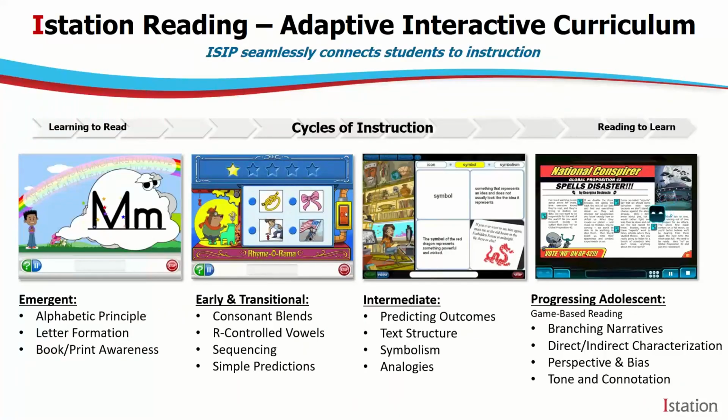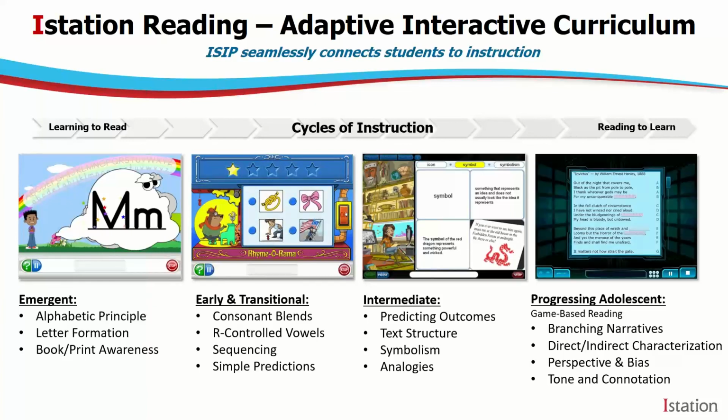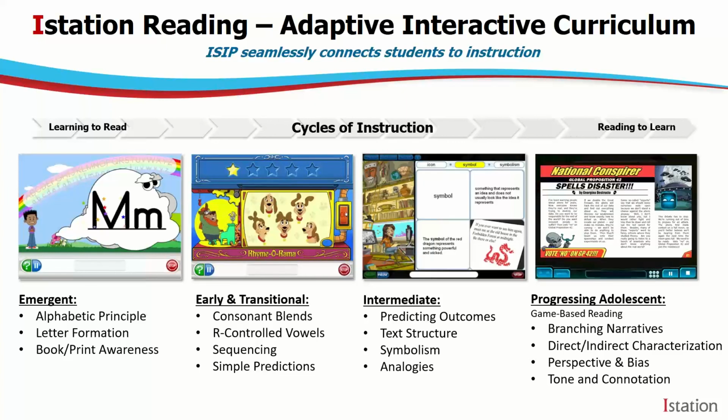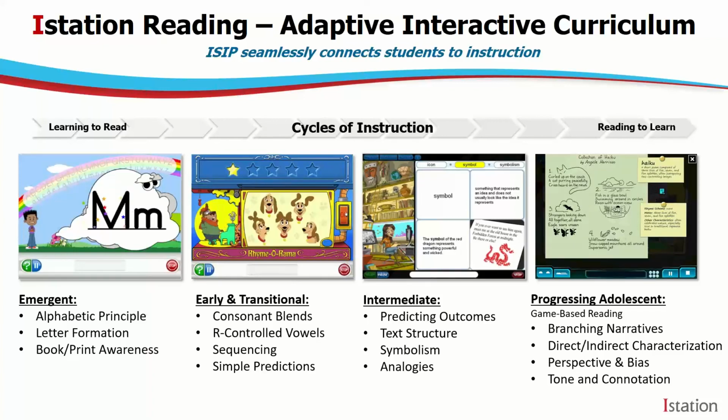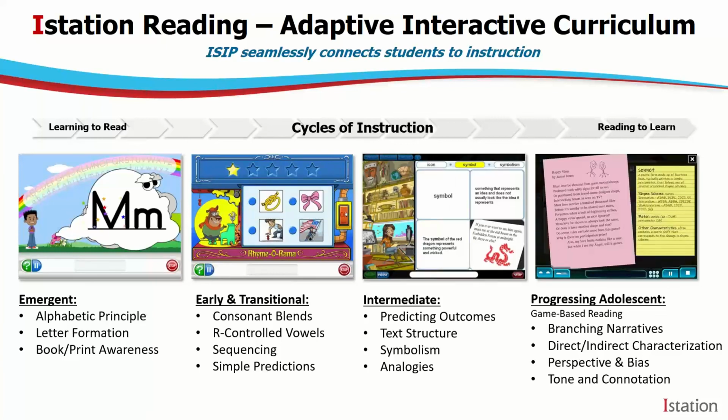Students, again, are going to fall into the curriculum based on how they performed in the assessment. So if I'm a fourth grader and my assessment data shows that I'm struggling a little bit with some foundational skills of literacy, I may fall into what we call earlier cycles of instruction, which are still teaching me learning-to-read skills.